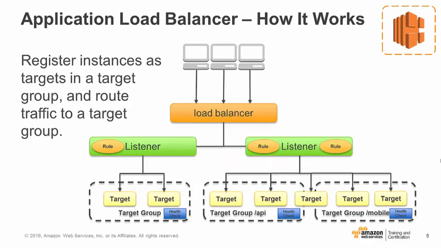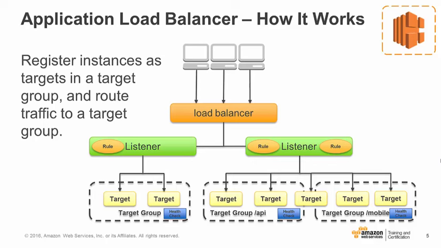An application load balancer, ALB, functions at the application layer, layer 7 of the OSI model. The ALB makes routing decisions based on the content of the application traffic in the HTTP message. With ALB, we require you to enable multiple availability zones. A load balancer serves as the single point of contact for clients.